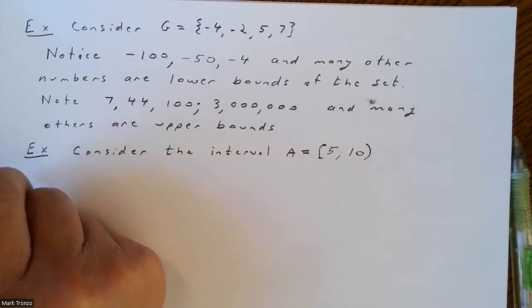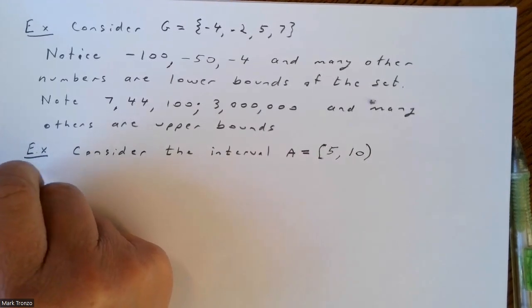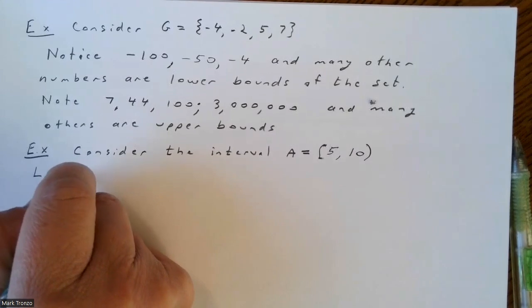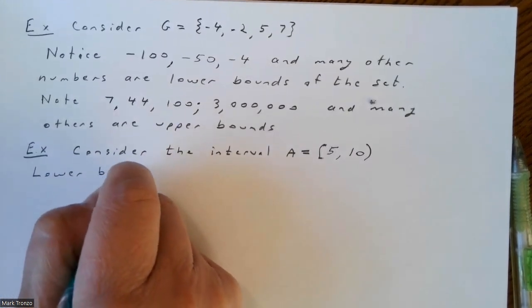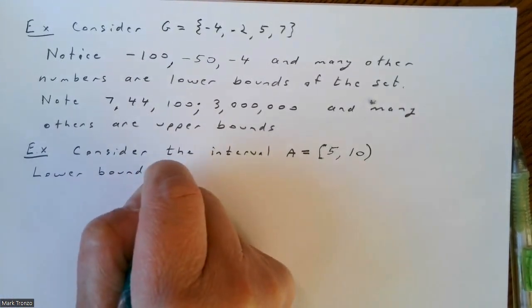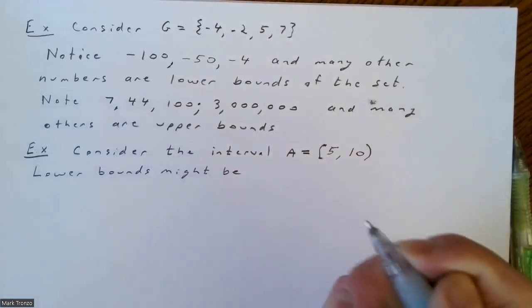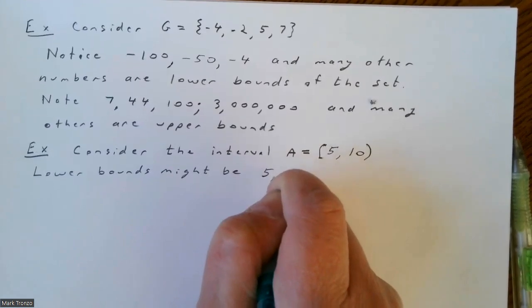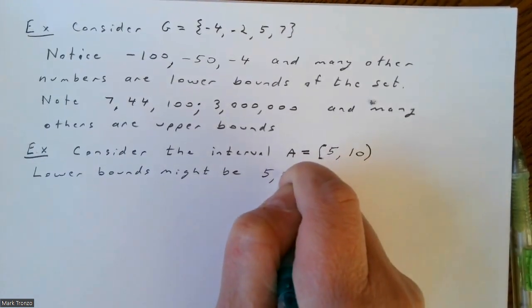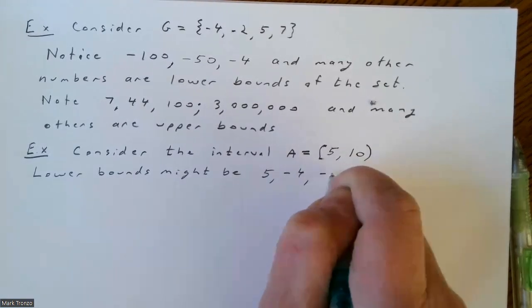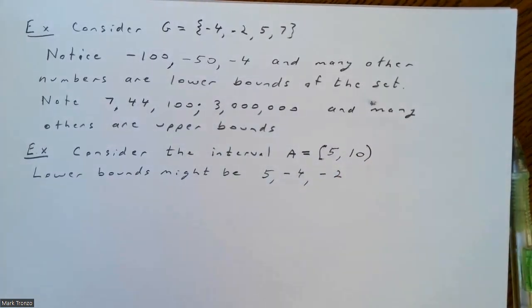Now notice that the lower bounds might be 5, -4, -2, and many others.